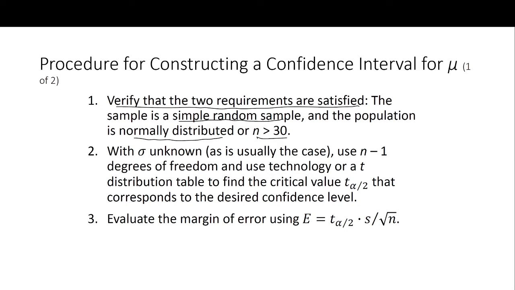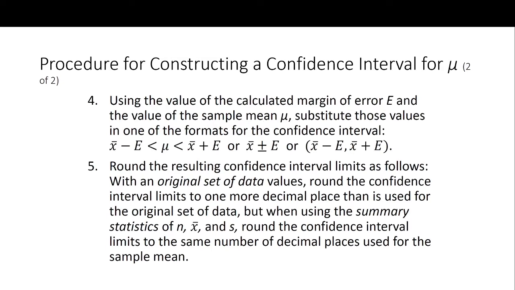We use n minus 1 degrees of freedom, and we can calculate the t value. Finally, the margin of error can be calculated by using this formula. And this is our confidence interval, which can also be written like this, like the previous section, but instead of sample proportion we use sample mean.